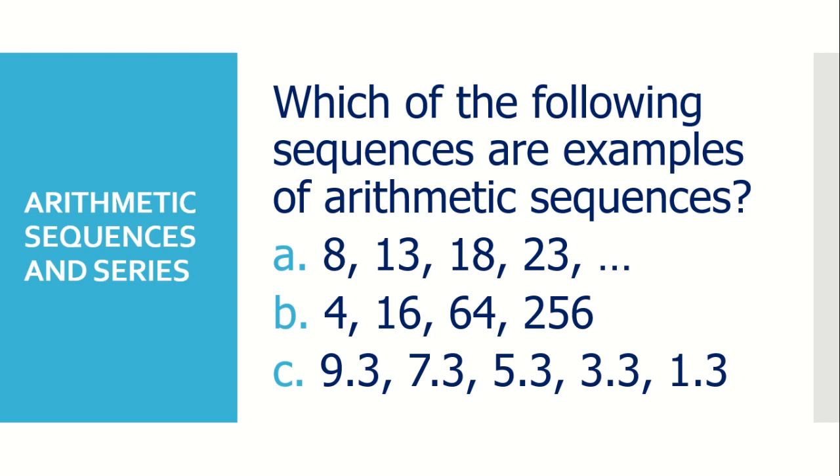Given these sequences, the arithmetic sequences will be letter A, 8, 13, 18, 23, and so on. Because they have the same difference or common difference, which is 5. 13 minus 8 is 5, 18 minus 13 is 5, and 23 minus 18 is 5.